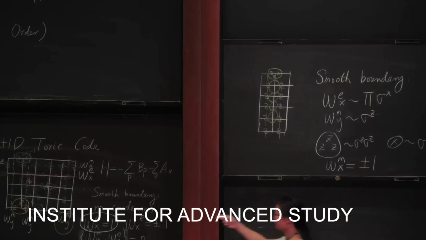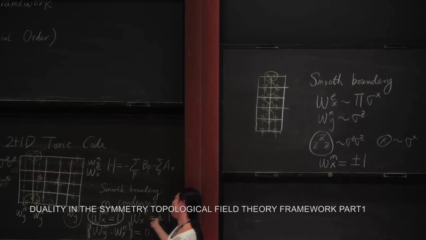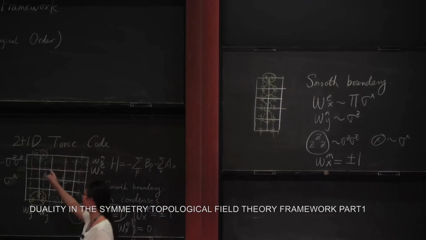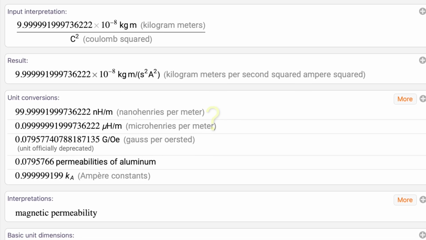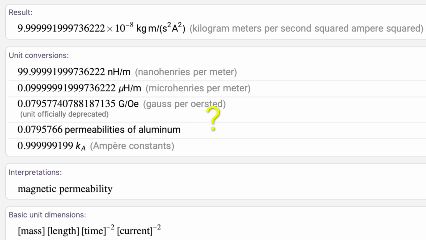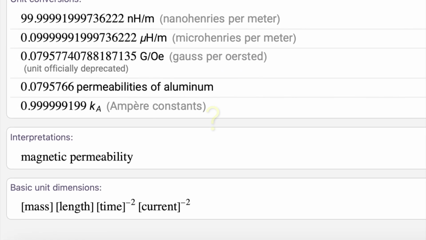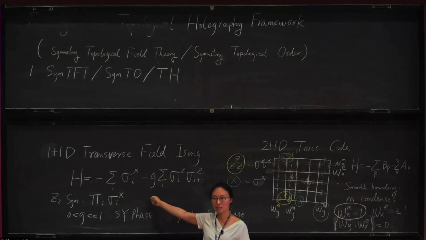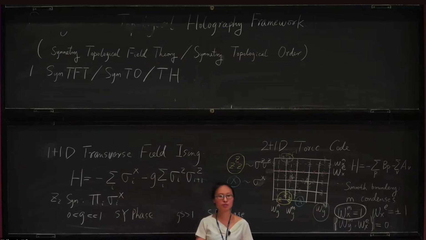slightly different from the choice of WXE being plus minus 1, because we see that now we need to introduce a defect on the top boundary. So that's actually an indication which one is flux, which one is charge, because in the original 1 plus 1D Ising model, this Hilbert space contains the no charge sector and the charge sector.